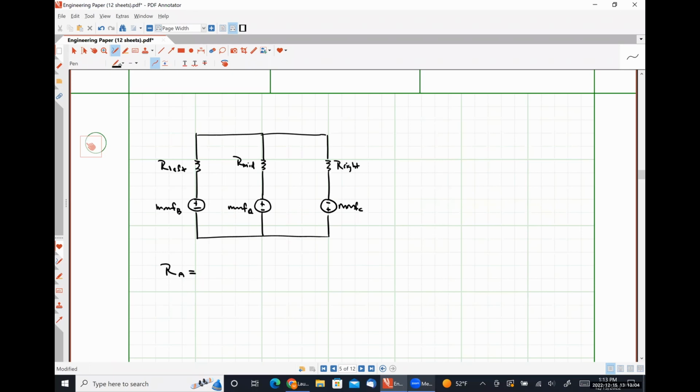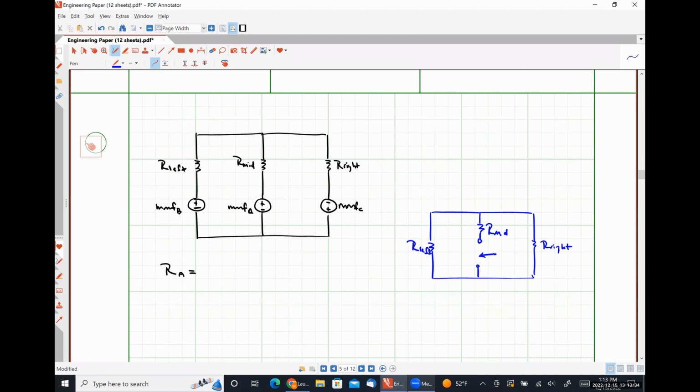To be clear, we have R left, R mid, and R right, like so. We're looking in through those open circuit terminals and finding out what the reluctance is going to be. So what does it look like?